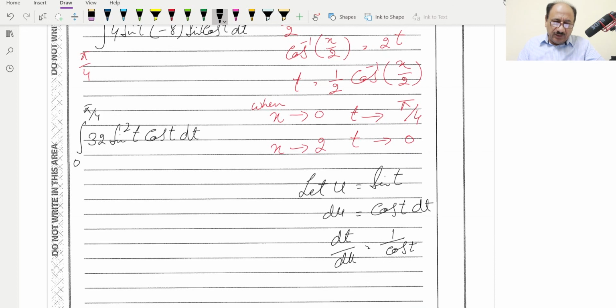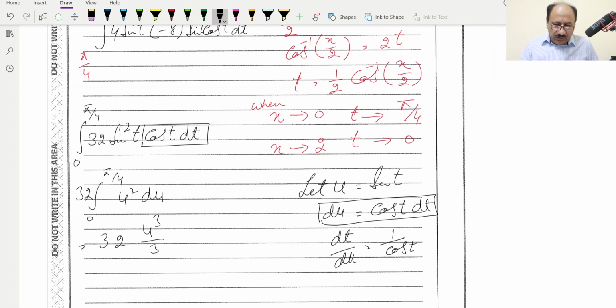Now we can replace u in this one. We can take 32 out, and from 0 to pi by 4 it will be u squared, and since du is cos t dt, we will write u squared du. The integral will be u cubed over 3, with limits 0 to pi by 4.